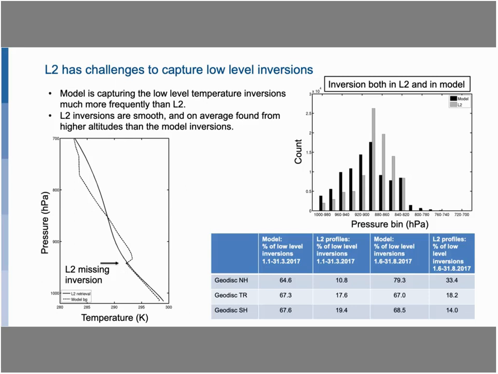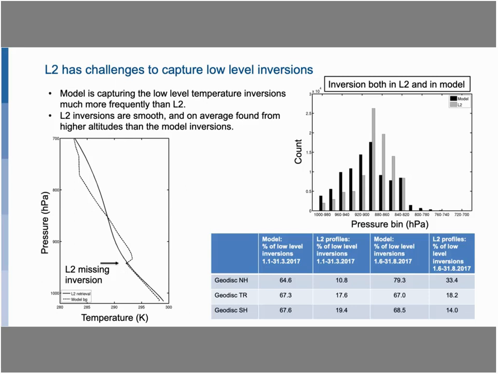And we calculated some statistics over the Meteosat geodisk area, which are shown in the table here, over winter and summer season. And overall, the conclusion is that the model is capturing a low-level inversion much more frequently than the level 2 retrieval. And our understanding is that even the model is capturing the low-level inversions less frequently than what they appear in reality. So the retrievals are capturing them very, very rarely.